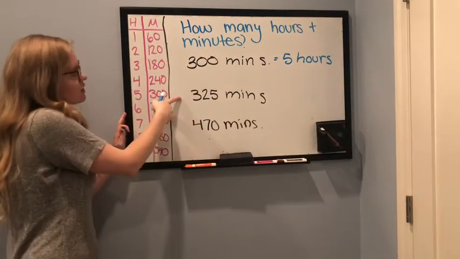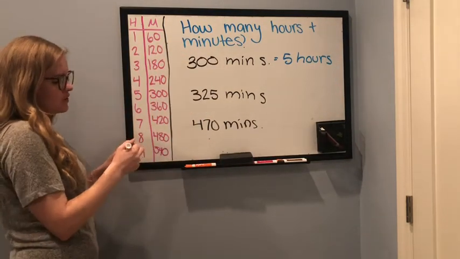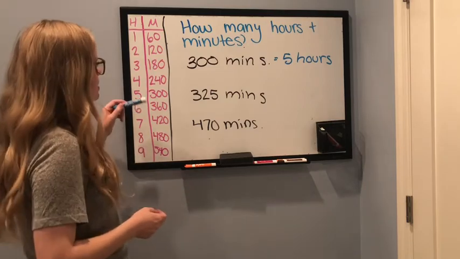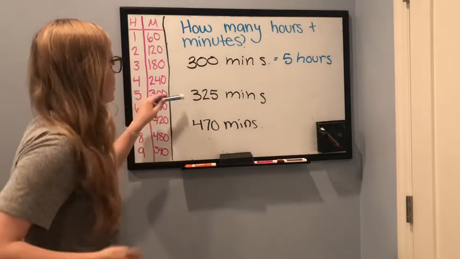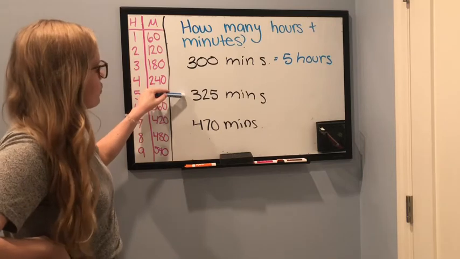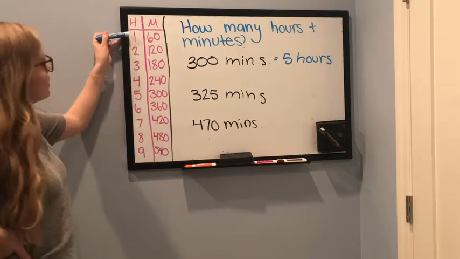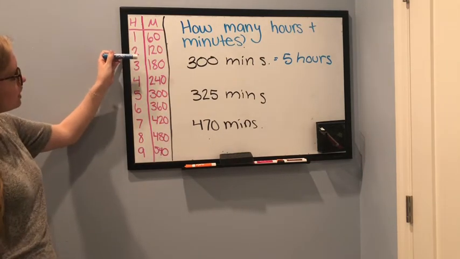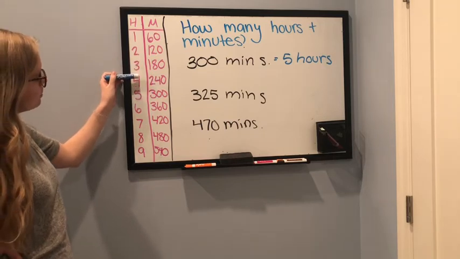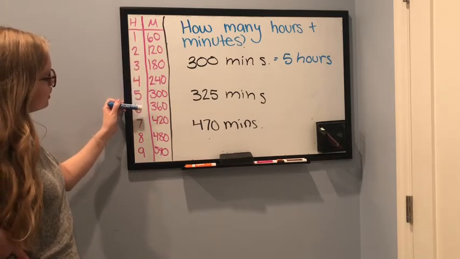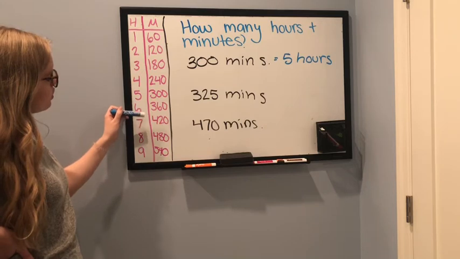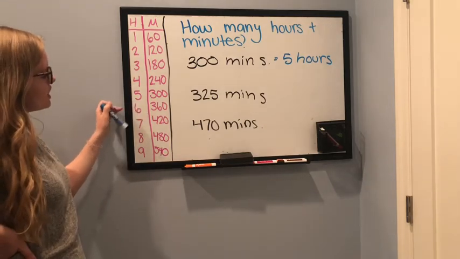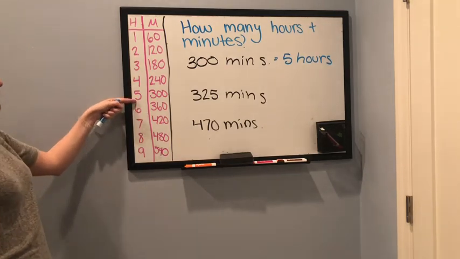Now this one's a little bit trickier. Let's do it again. Tell me when I've gone too far and we're over 325. 60, 120, 180, 240, 300, 360, oh, we're over here at 360. So we're in between the 5 and the 6.